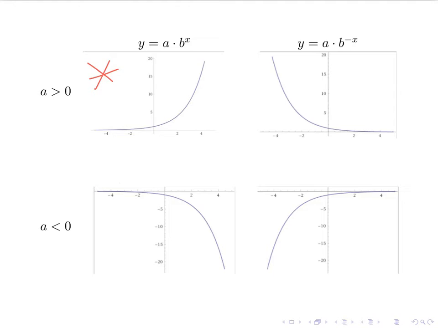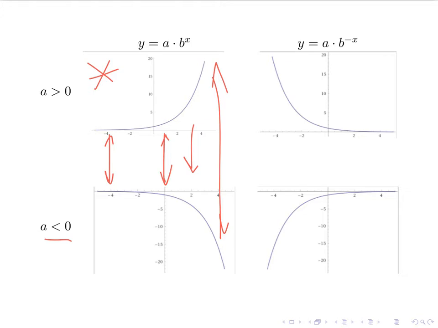If I start with this picture and then make a negative coefficient, so I go from 2 to the x to negative 2 to the x, or negative 4 times 2 to the x, then what I'm doing is flipping my picture across the x-axis. Everything is just flipped upside down.